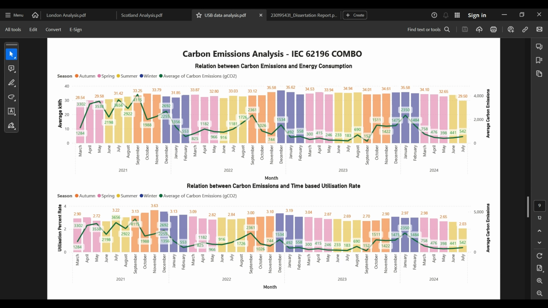And if you look at the combo connector, the energy consumption values are much higher with a peak of 35.58 kilowatt hour in the month of December 2022.